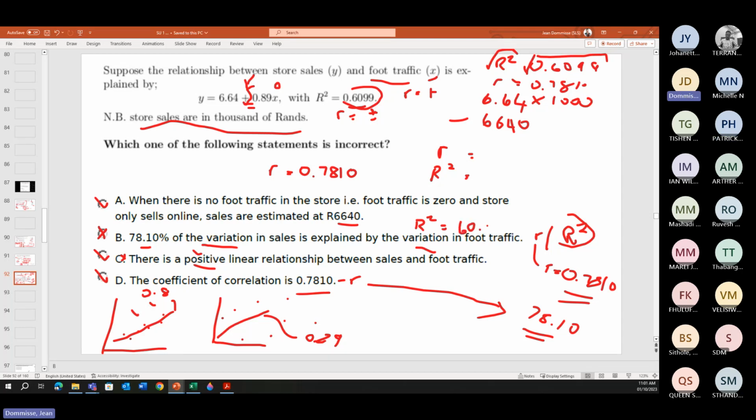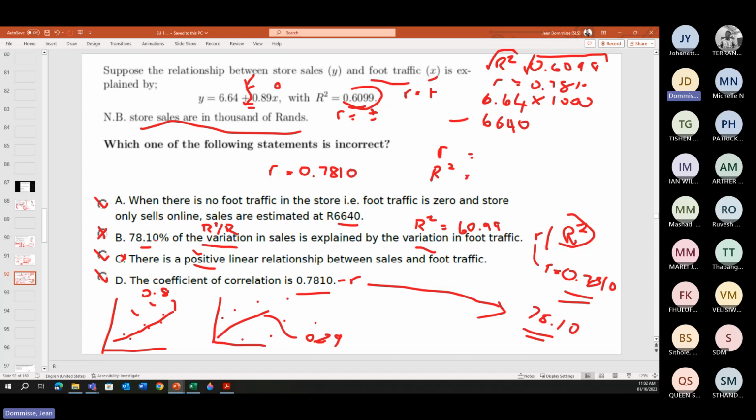What they wanted to test here is if you know the difference between R square and R. Because if you had square rooted it, you would have gotten this 78.1.